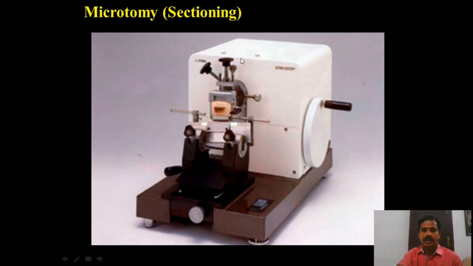This is the rotary microtome, commonly used for cutting paraffin infiltrated or embedded specimens, wax impregnated specimens, and there are different parts. This is the rotating wheel, and this is the place where the specimen is fixed, and this is the knife holder.